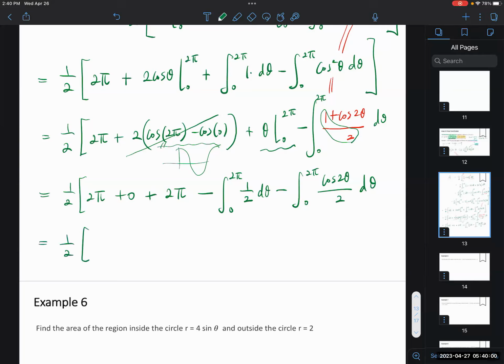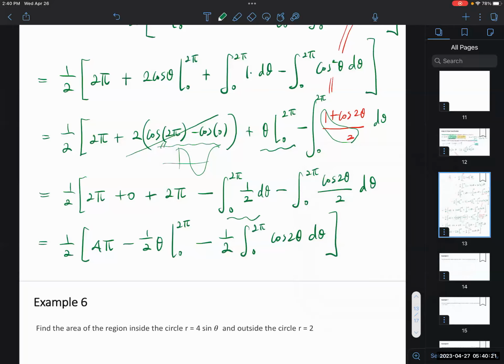I'm just adding 4 pi. And this one, negative 1 over 2 theta from 0 to 2 pi, right? And then I have a subtraction. I'm going to bring 1 over 2 in front, and then you have cosine 2 theta d theta.